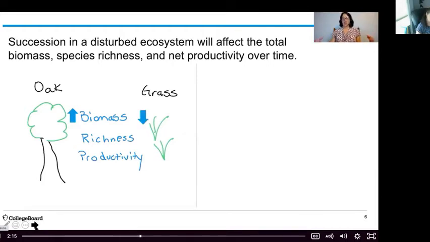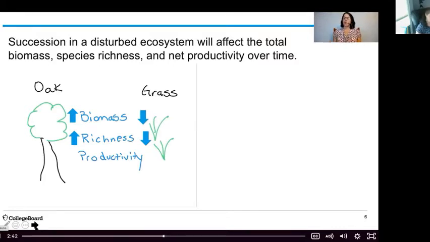A tree's got a lot of material on it that weighs a lot. Species richness is also going to be higher in that mature oak community than in a newly disturbed community. And the reason for that is the more mature and stable my ecosystem is, the greater the diversity of habitats and different kinds of niches or roles organisms can fill. So lots more species present.